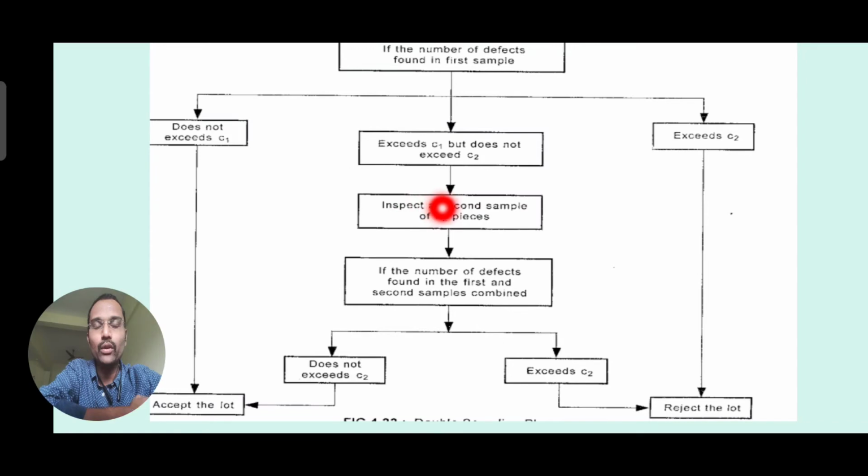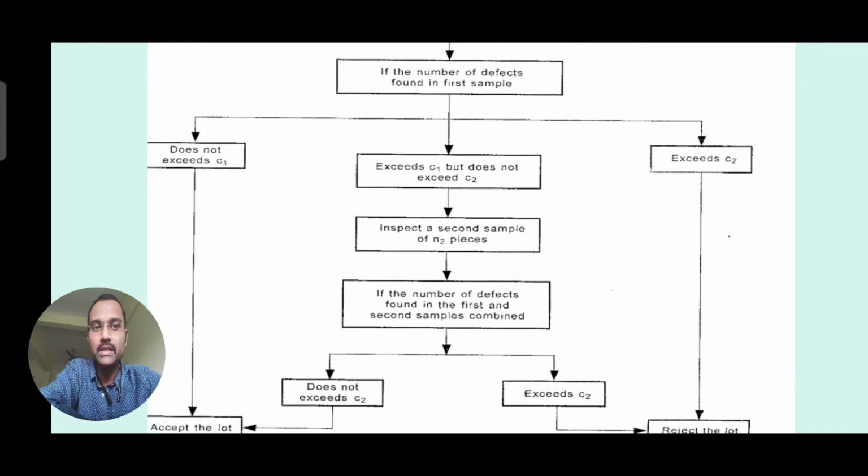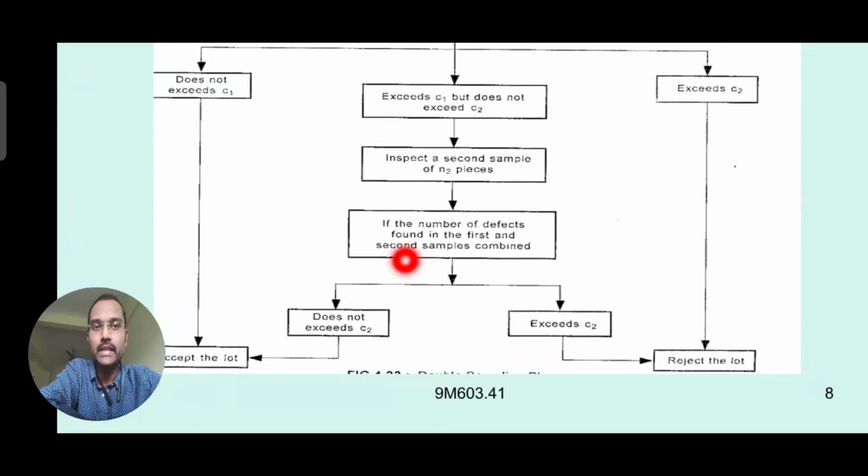Then you depend on the second sample, which consists of N2 pieces. If the number of defects found in the first and second samples are combined, for example in the second sample you are not getting any defective parts, 0, and in the first sample you got 2, it is not exceeding the C2 value, right? If it is not exceeding, then you can accept the lot.